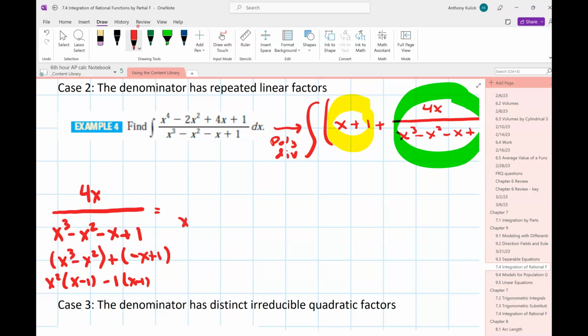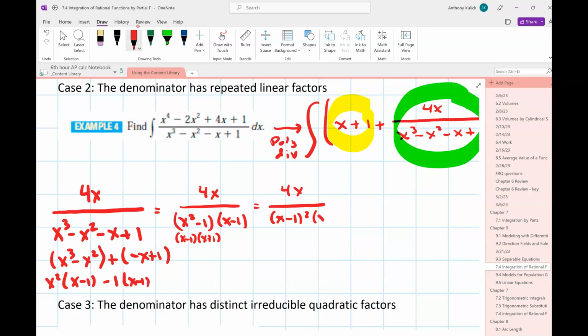So that can become x squared minus 1 times x minus 1. When there's an even number of terms, factor by grouping is a reasonable approach. And then the x squared minus 1, I notice, is a difference of 2 squares, right? That's x minus 1 times x plus 1.